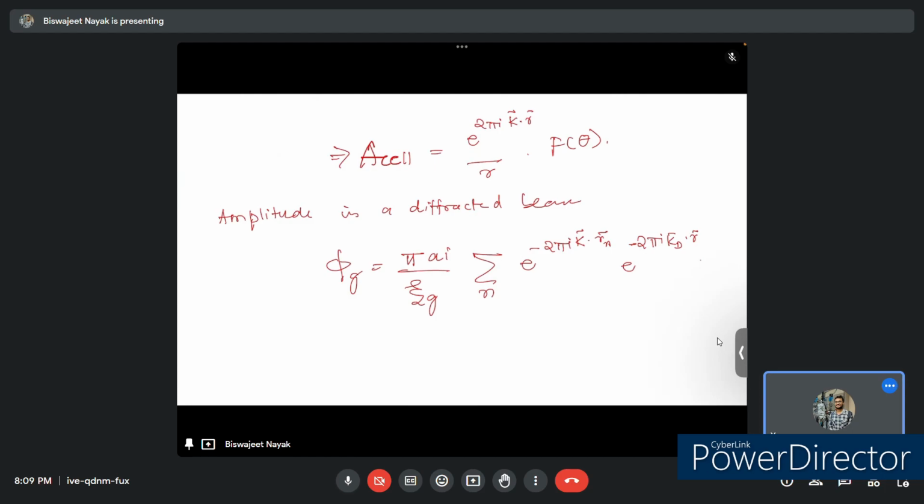Here xi_g has a unit of length. As we can see, this has to be dimensionless, and since this has a dimension of position, this has to have a dimension of length to make it dimensionless.